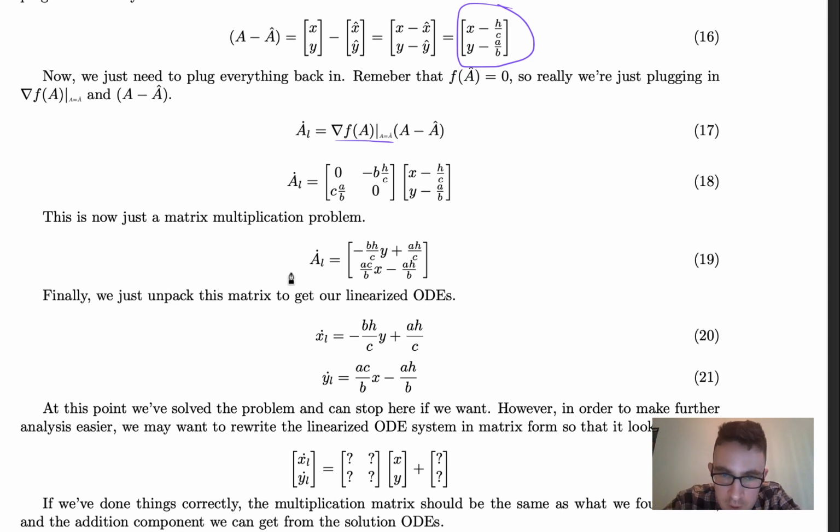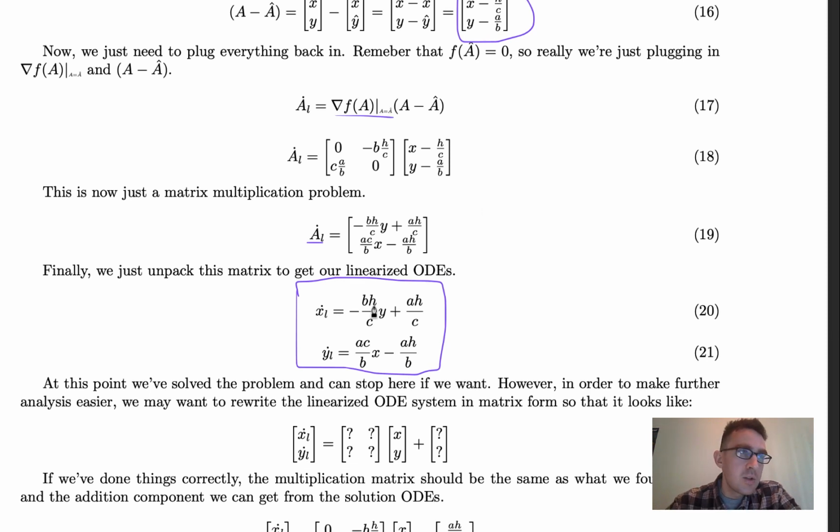But yeah, at this point, this is basically our answer, and we can unpack this matrix to get our actual system of linearized ODEs here. So this is the answer. This is what we have for our linearized system of ODEs. And again, we just got that by plugging these things in and then multiplying out these matrices.